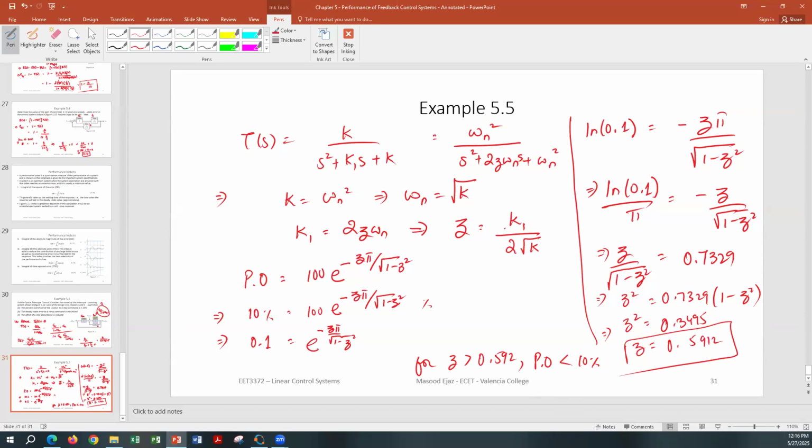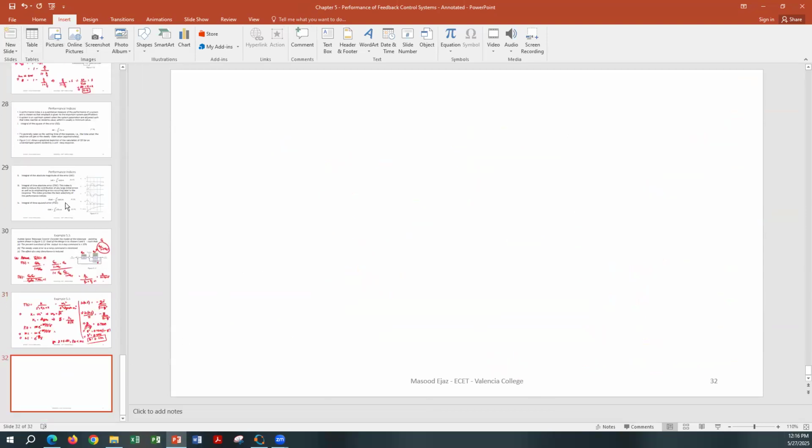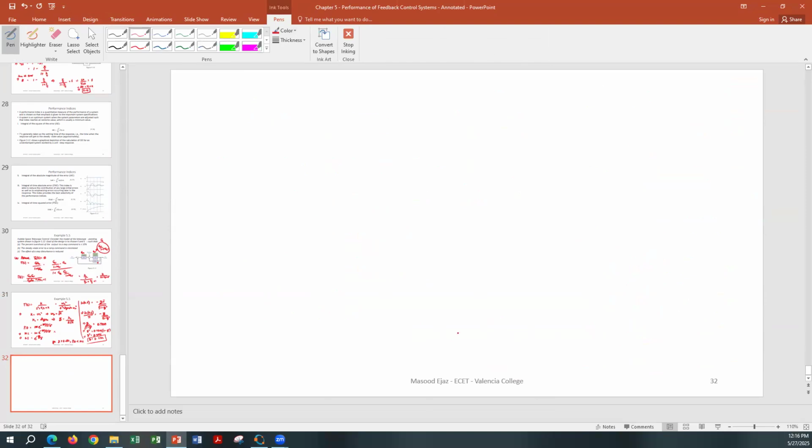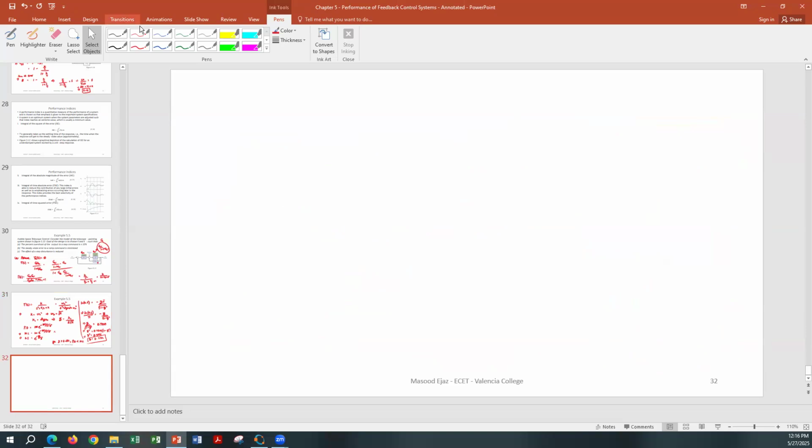Now from this, we can calculate the value of K. Since we know from our previous work that zeta is equal to K1 over 2 square root of K, and for peak overshoot to be 10%, zeta is equal to 0.59.